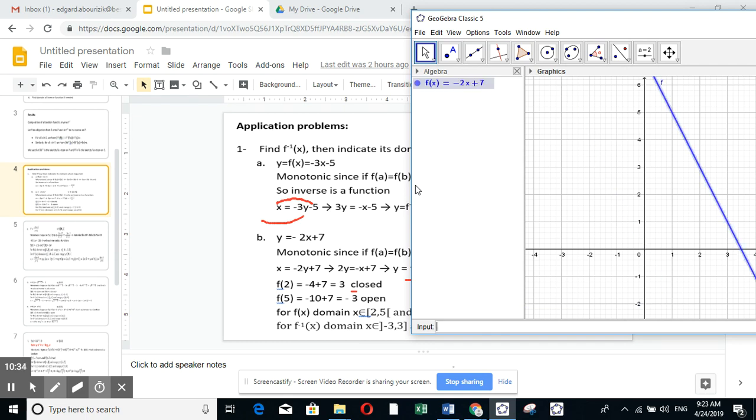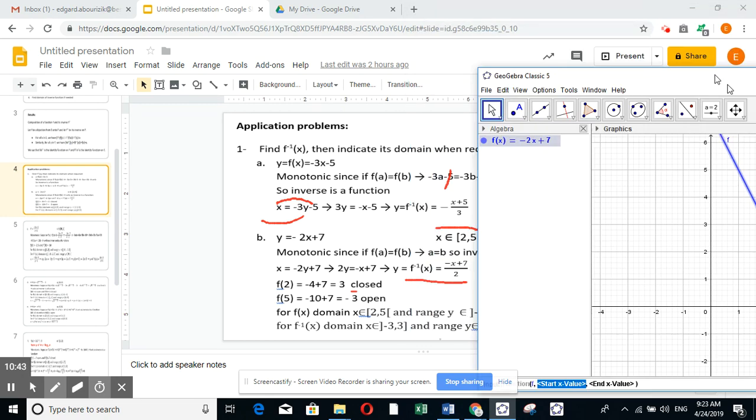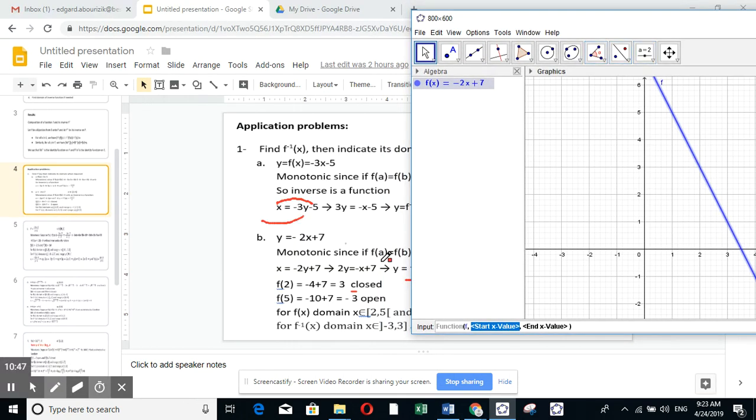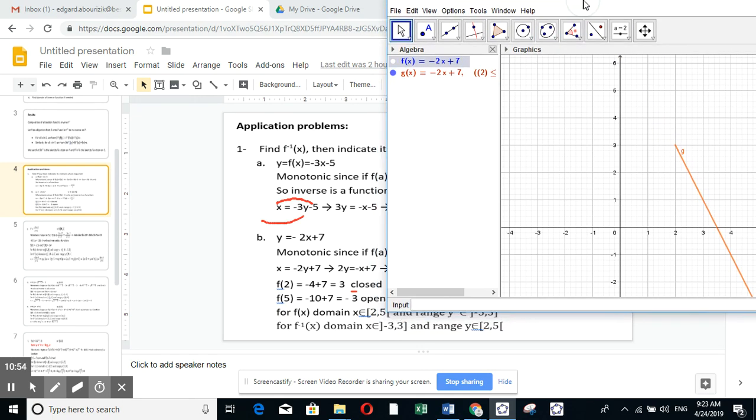So this function f, I want it from 2 till 5. I'm going to delete this one, so I have the red one alone.